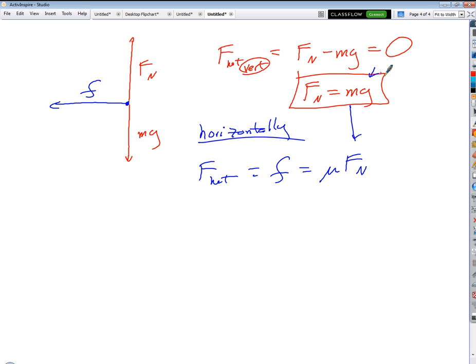So then we get the frictional force equals mu times mg, replacing the normal force, and we know from Newton's second law that net force equals ma. Well, there's only one force acting, so that is the net force, and so it's equal to ma.